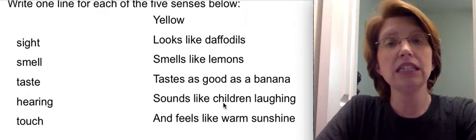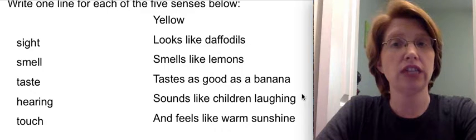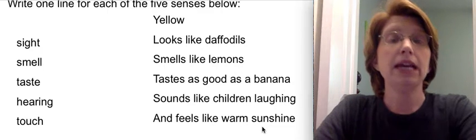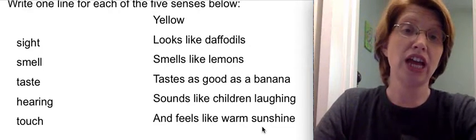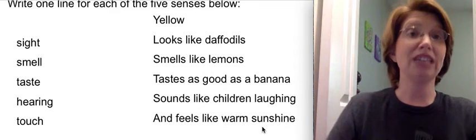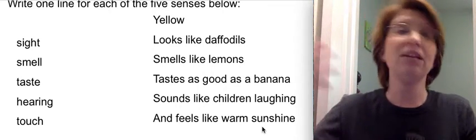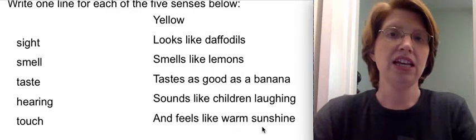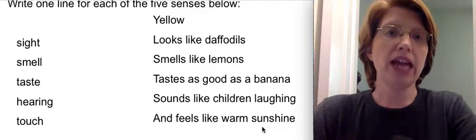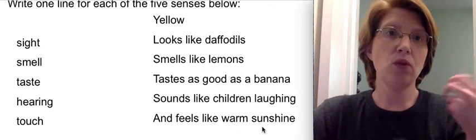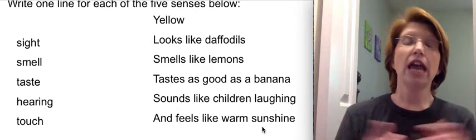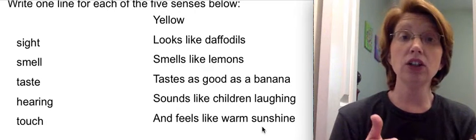So the last line actually helps me understand this one a little bit. Because if it feels like warm sunshine, then it's going to sound like children laughing because they're able to get outside and play and they're in the sun. So you are being creative here with your idea of what do you associate with these colors. And you get to pick the color.